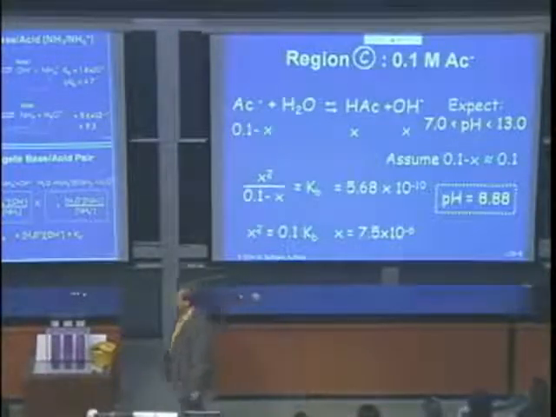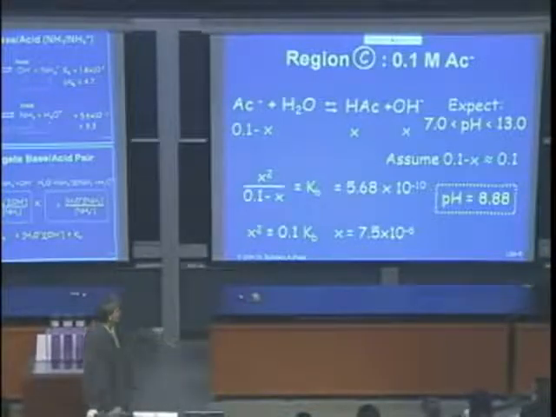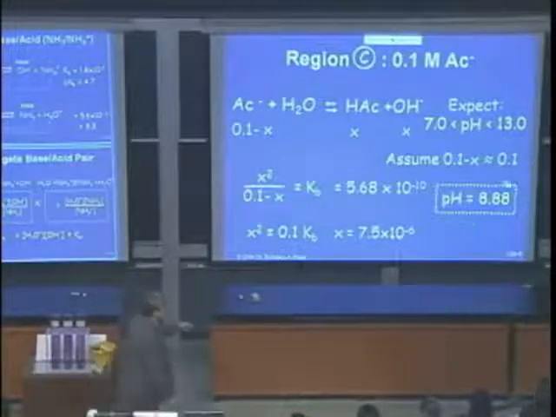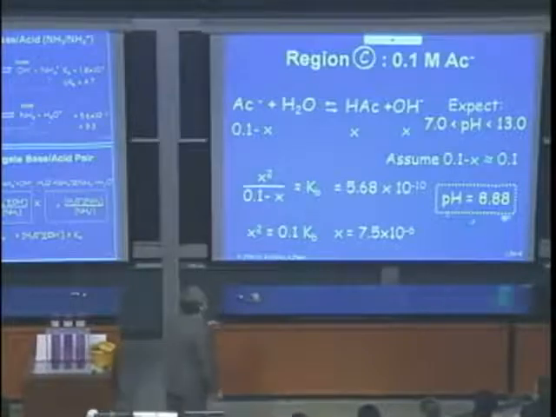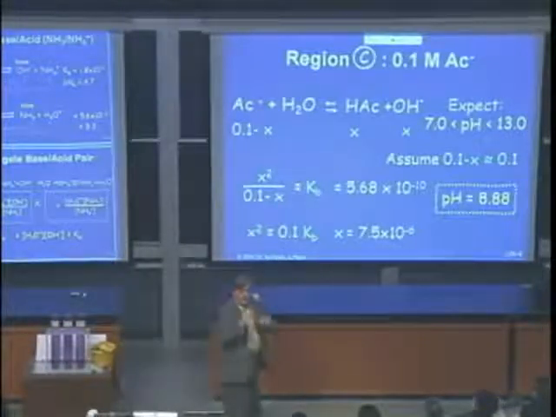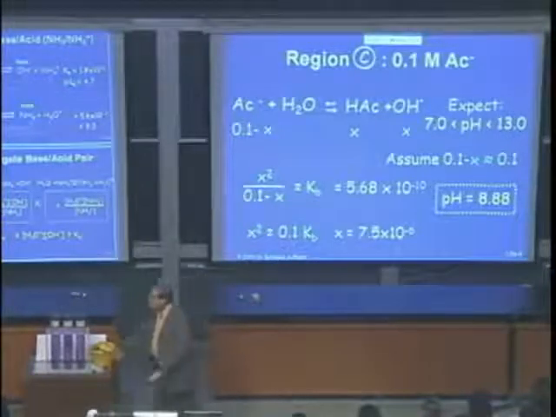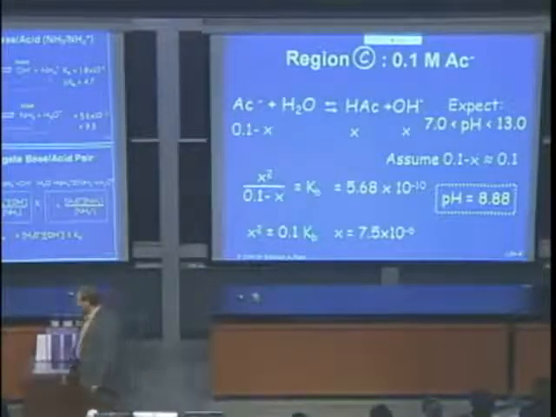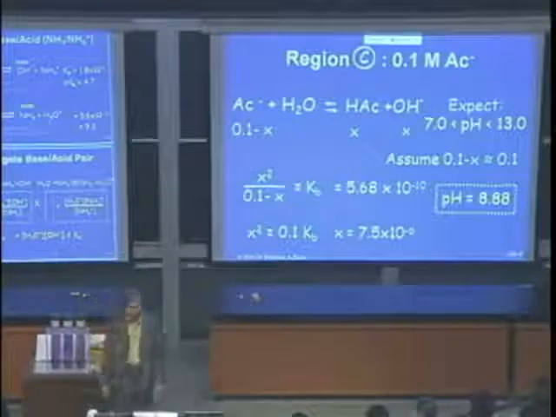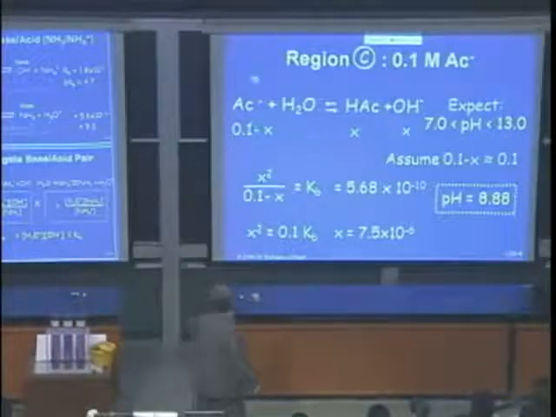It's 8.88, okay? The pH is 8.88. There it is, Henry. Okay, thank you. Be careful, not just what you calculate. We calculated here the OH concentration. So this is actually the equivalence point, 8.88. That's the pH at the equivalence point because of the reaction of the weak base here with water.